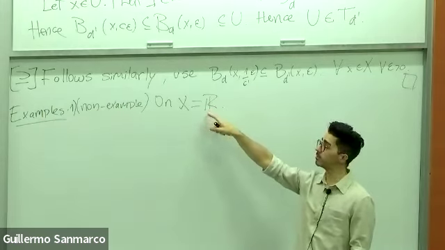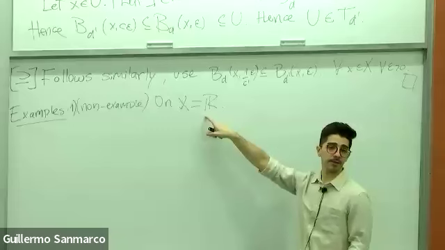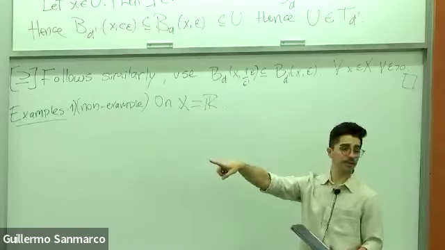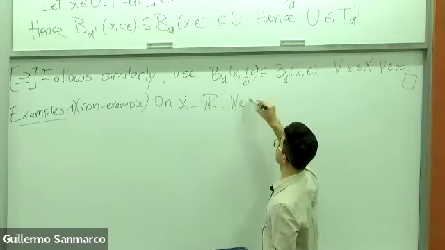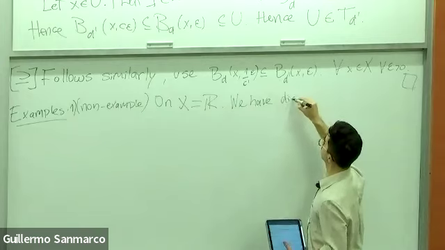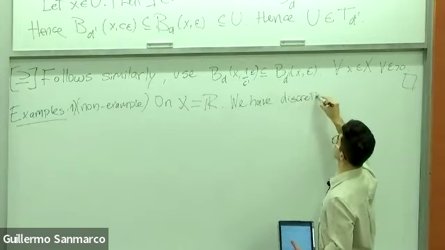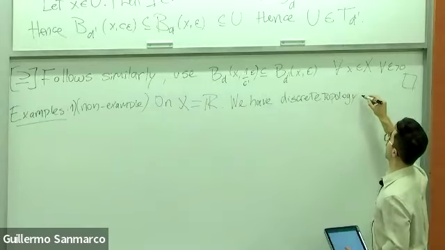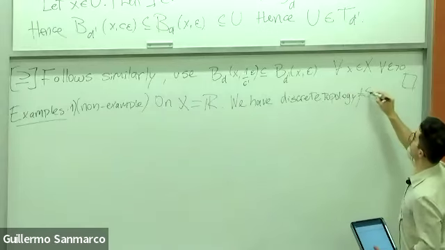We know these two are metric topologies, but they are not the same. So the distances cannot be equivalent. We have the discrete topology, which is not the standard topology.